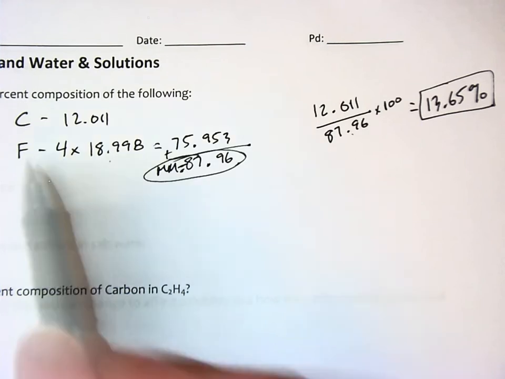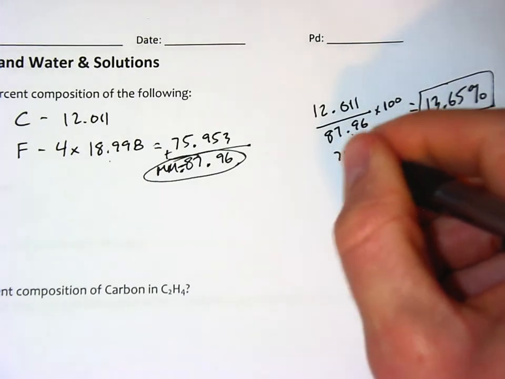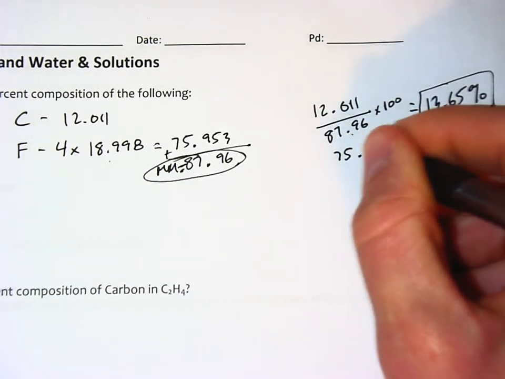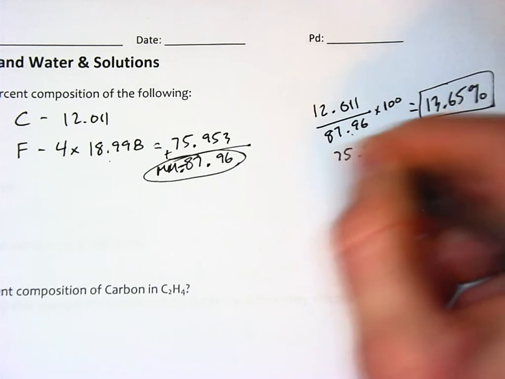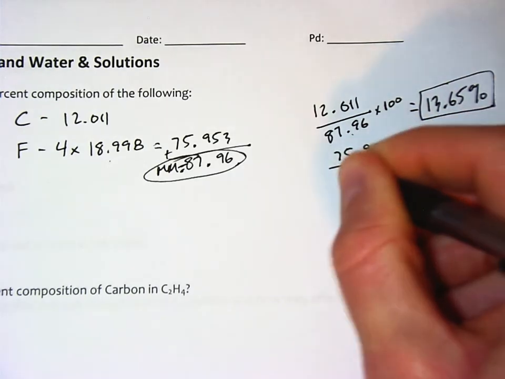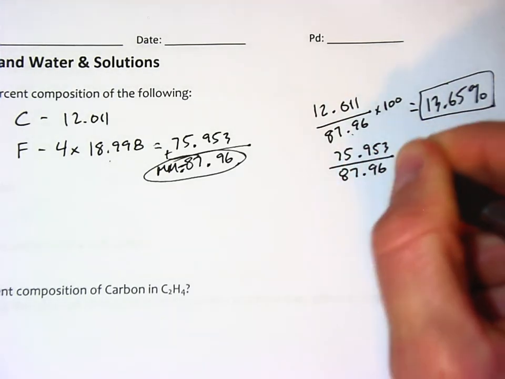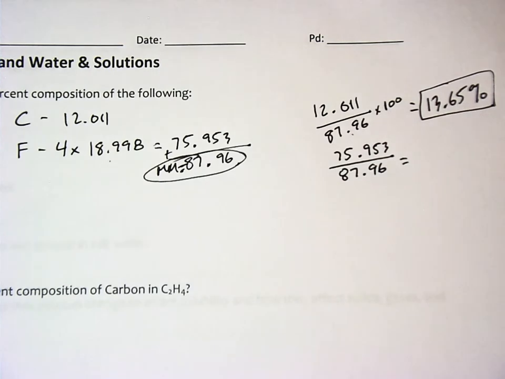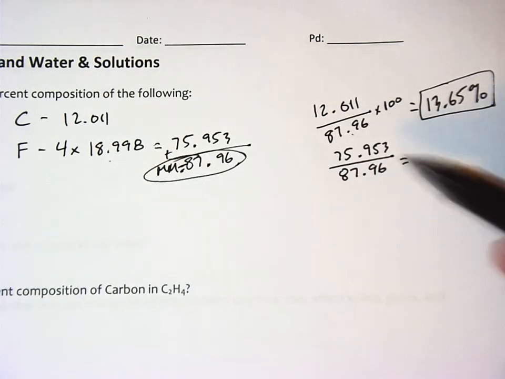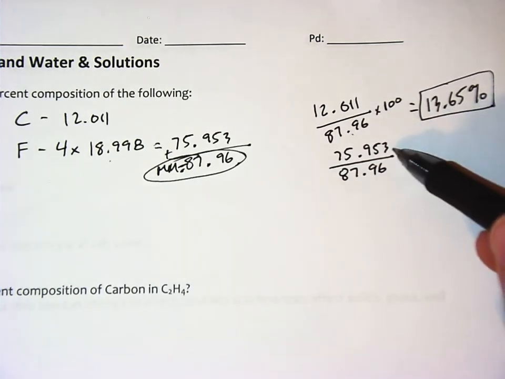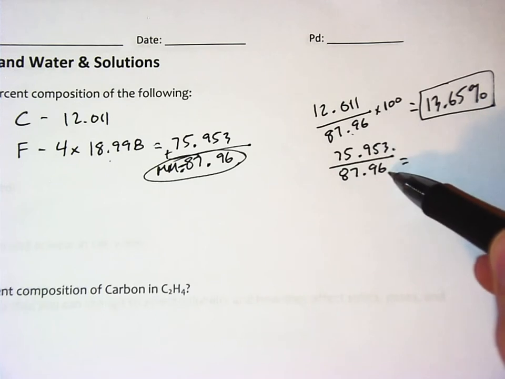Okay, so I'm going to again go back and take the part, which was 75.953, divided by 87.96. All right, so that's the part that fluorine has, and there's the whole mass of the compound.